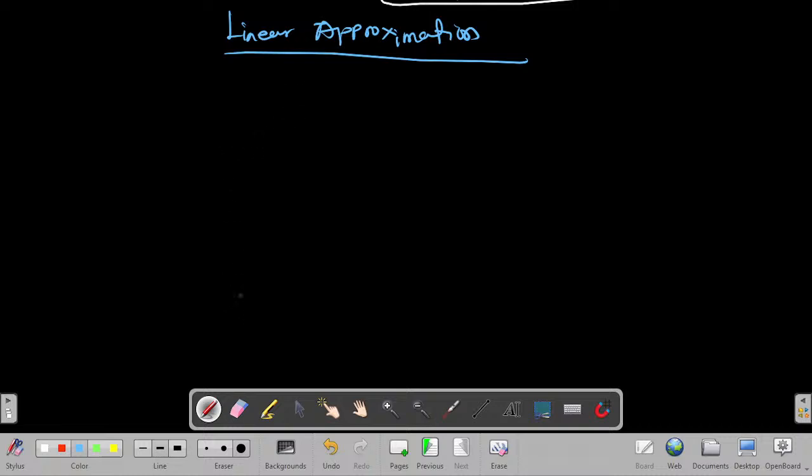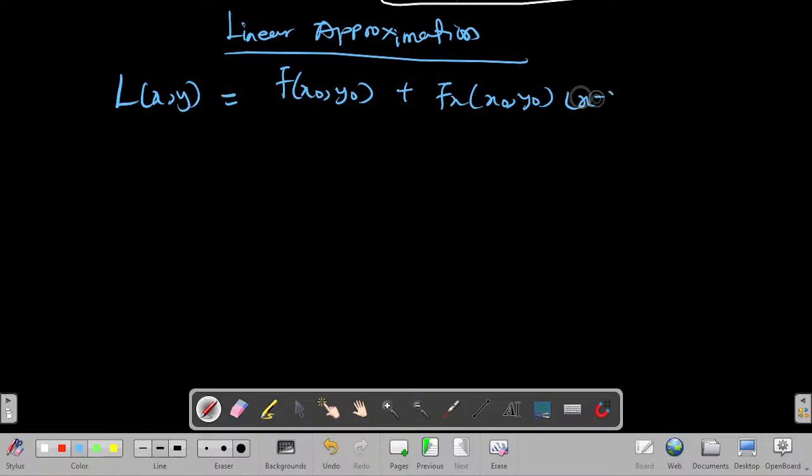So generally, the linear approximation of f at a point (x, y) is simply equal to the functional value at the point (x naught, y naught), plus f_x at (x naught, y naught) multiplying x minus x naught, plus f_y at (x naught, y naught) multiplying y minus y naught.